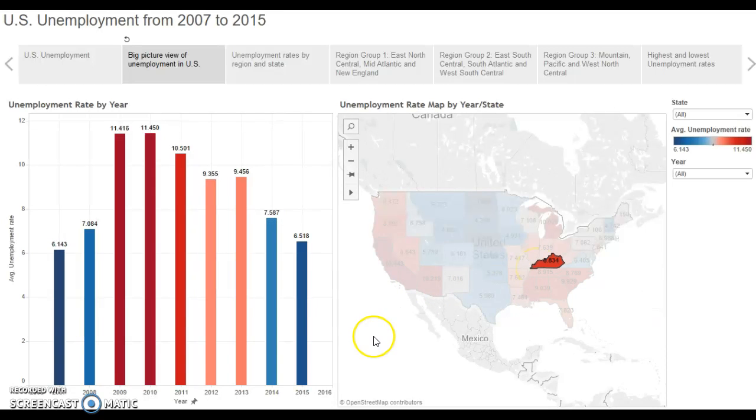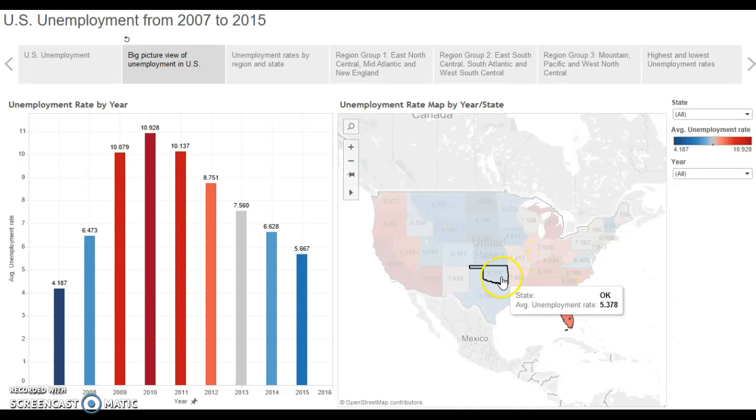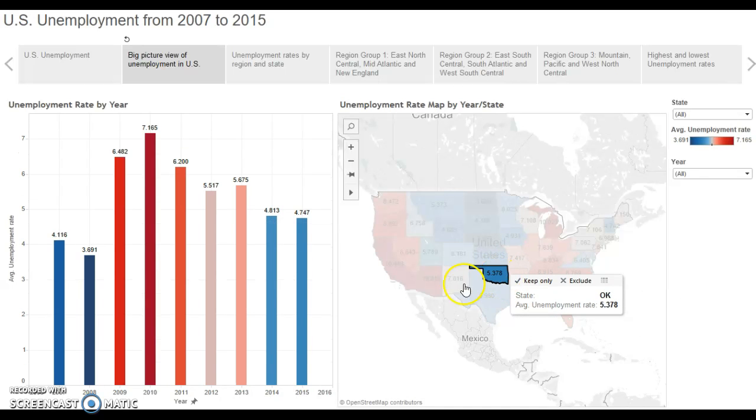There was this similar pattern that was followed, and that was a large increase in unemployment in 2009, followed by either a slow decrease or a little bit of hanging around in these high percentages, and then a slow decrease. So let's take a look at a couple more states and see the same pattern.